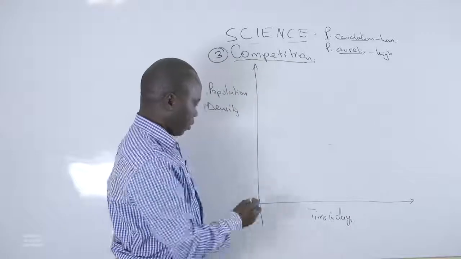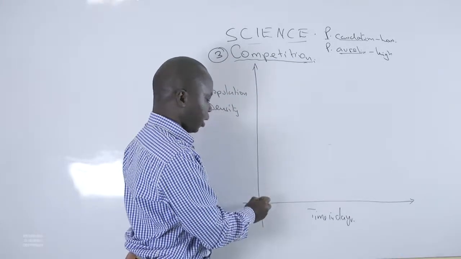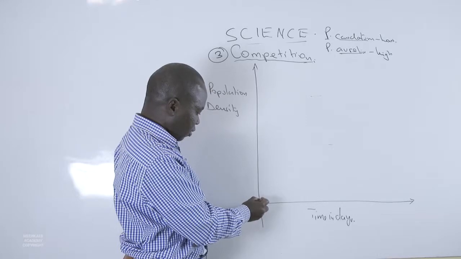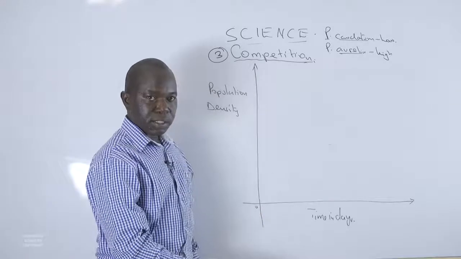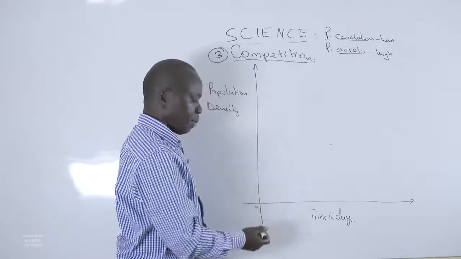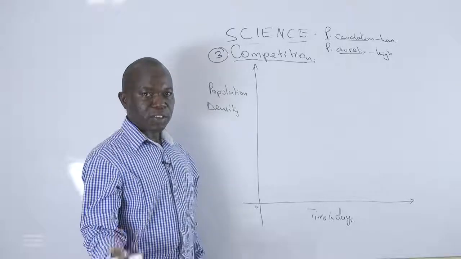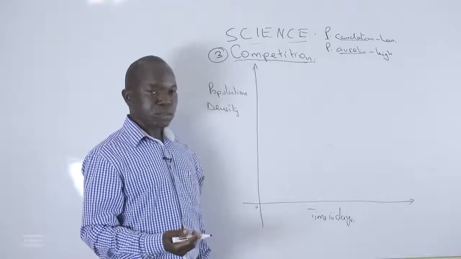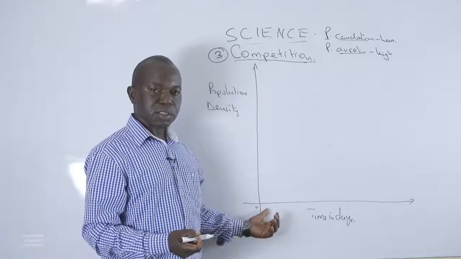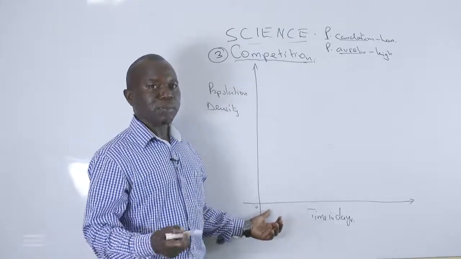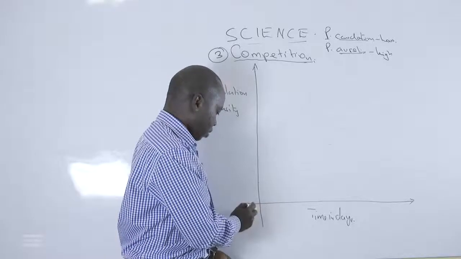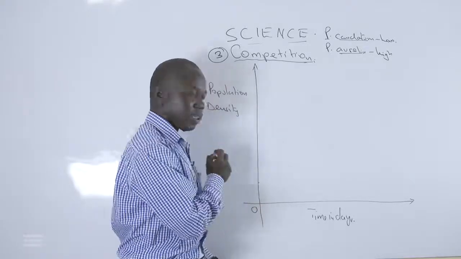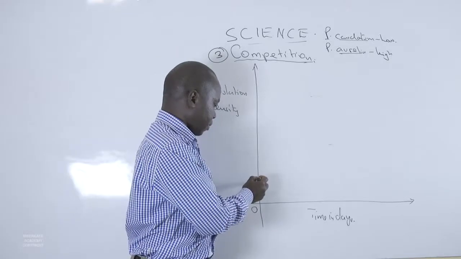Obviously, population cannot begin from zero, so your curve cannot begin from the 0 point. It should begin slightly above because we must have organisms that will reproduce. Otherwise, if it begins from 0, then there will be no organisms to reproduce, no parents.